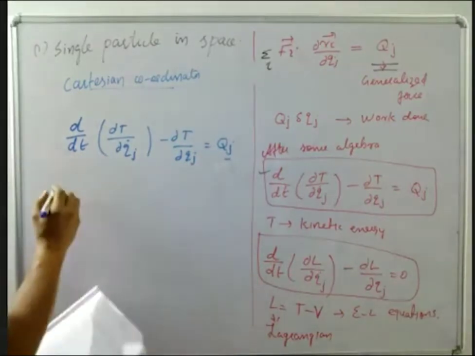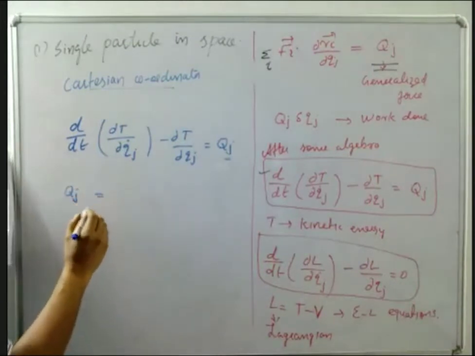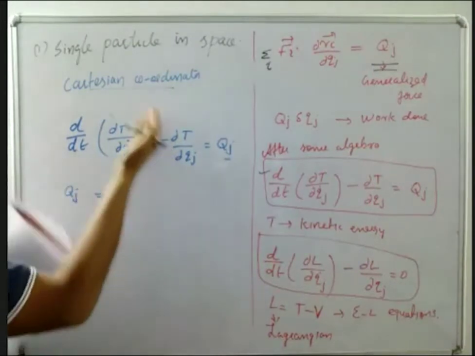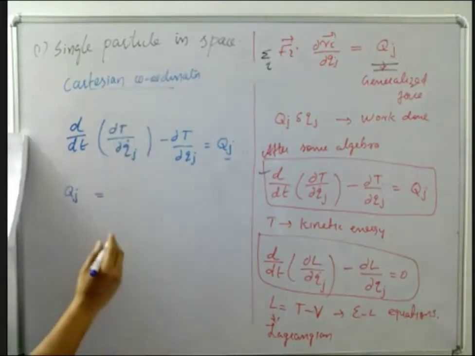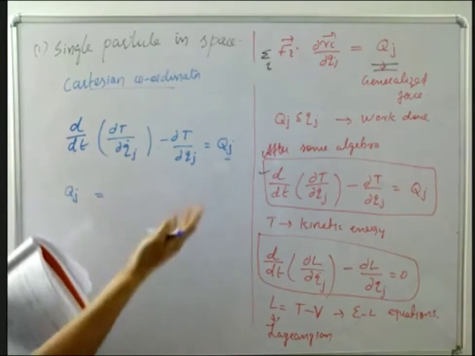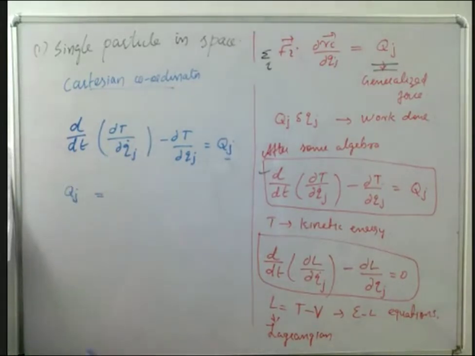Now, what is Q_j? Let's first look at Q_j. We are dealing with a single particle in space, and there are no constraints acting on it. It's free to move anywhere.